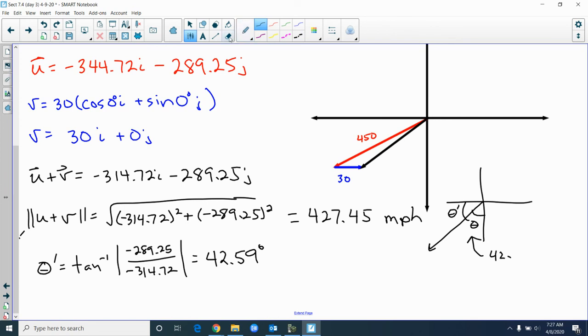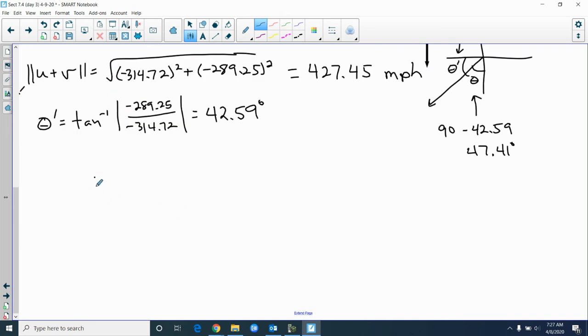Nope, I lied. You're like, no, it is not. It is not right there. It is this angle right there, 42.59. We need this for the bearing, and that's going to be 90 minus 42.59, which is going to be 47.41 degrees for that one.